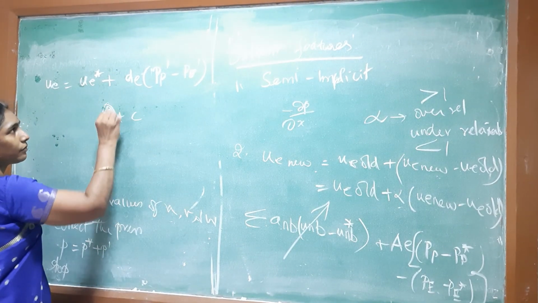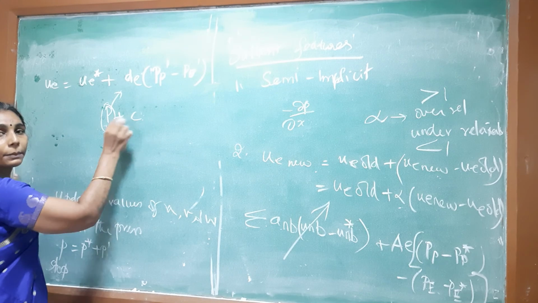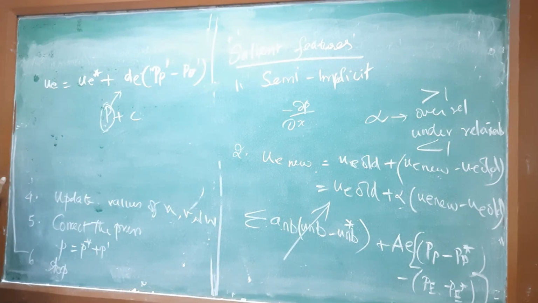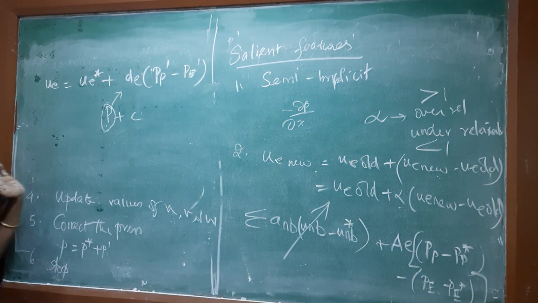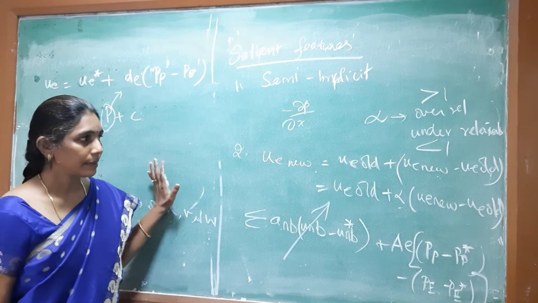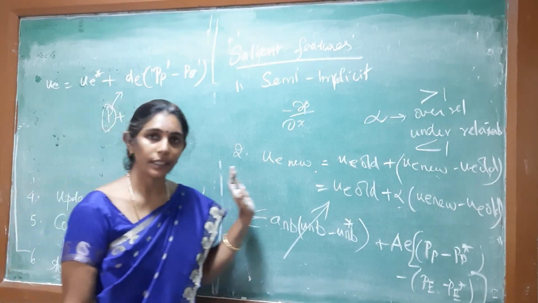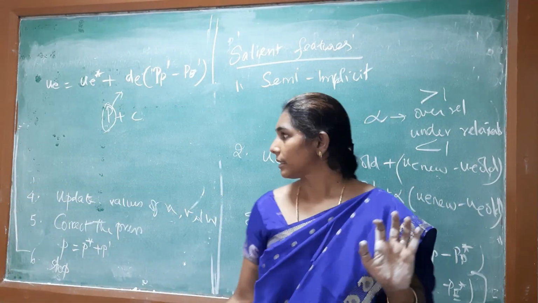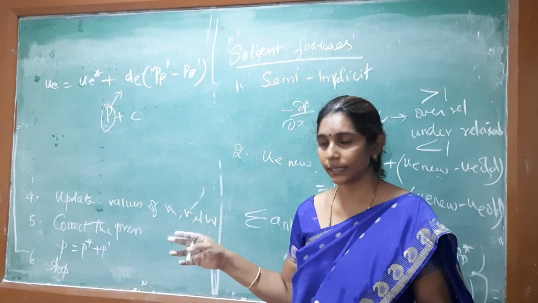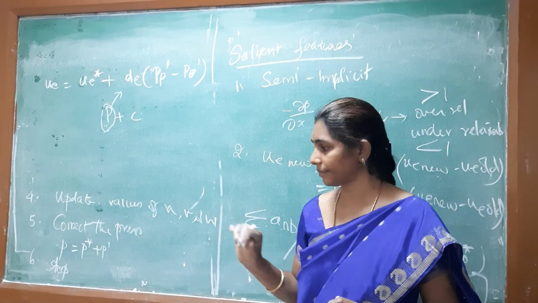If P is a solution for this particular equation, then definitely P plus C will also be a solution for this particular equation. Right? I think the explanation would have been clear. If you have any doubts, you're welcome. And in the next class, we'll be solving an example based on the simple algorithm. Thank you.